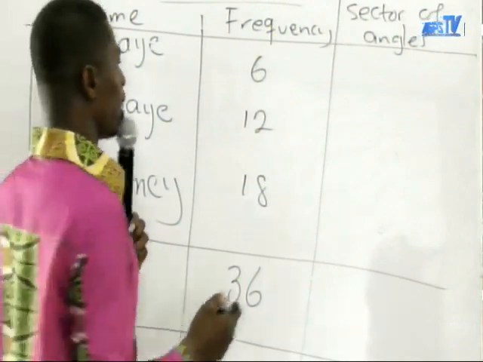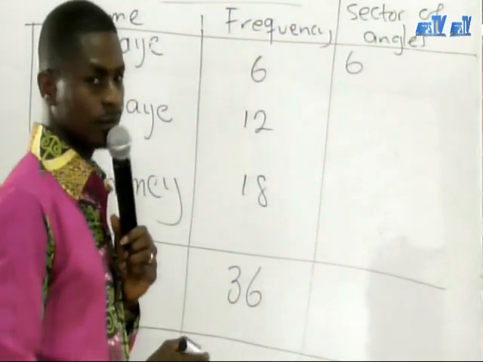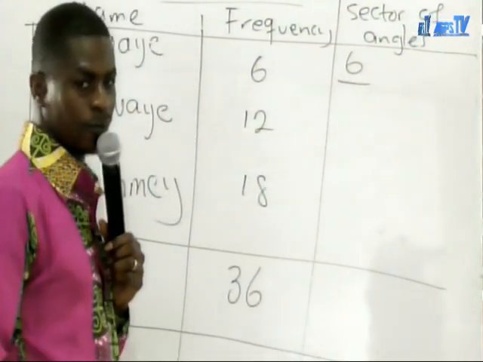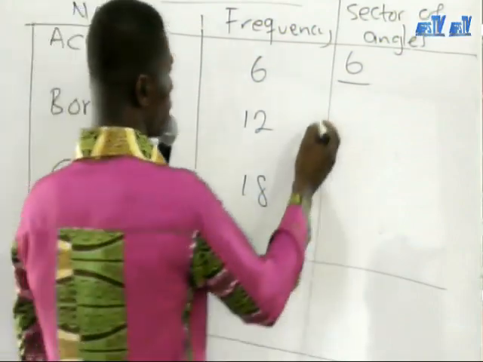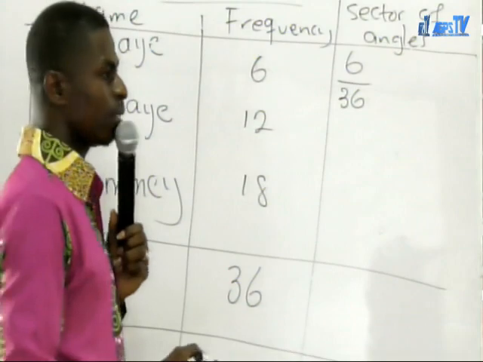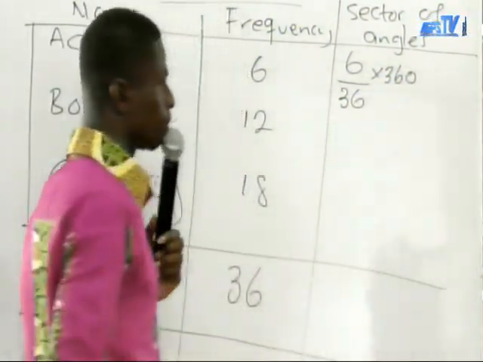So we have our Akweye, which we have 6. We are going to divide it by the total number of frequencies, which is 36, and then we are going to multiply it by 360.